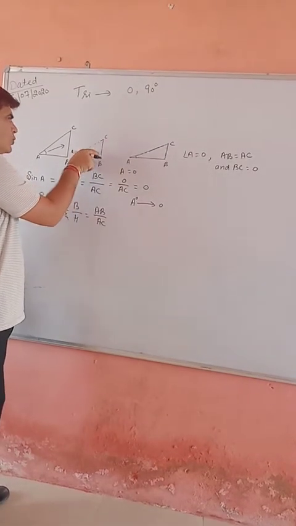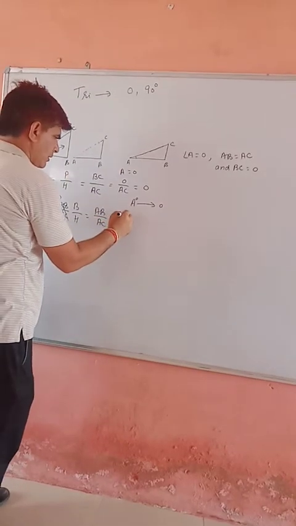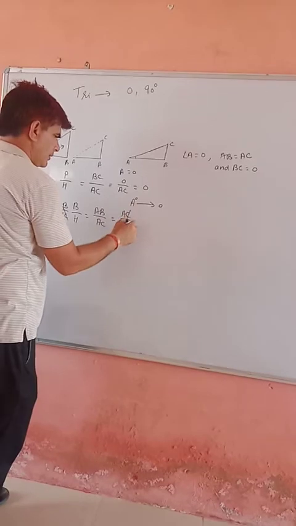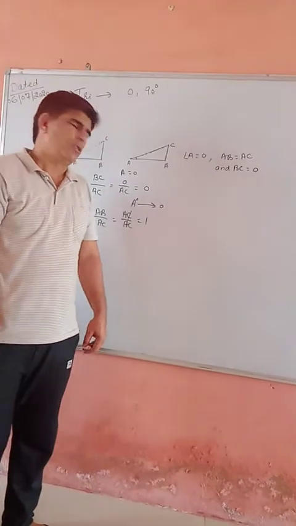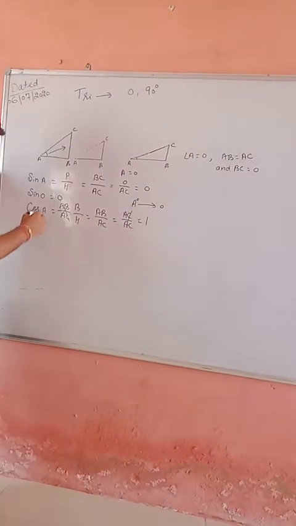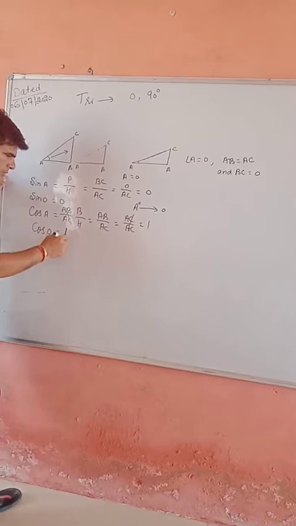This AC reduces and comes here, then angle A becomes 0. So AC by AC cancels out. Understood? So what is this? Cos of 0 is 1.